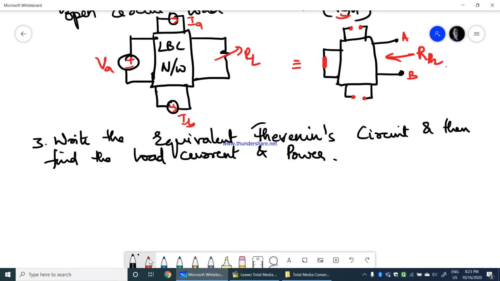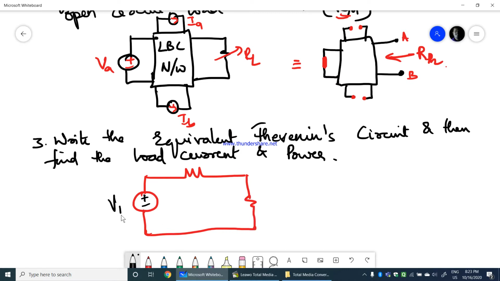So how is that? So we'll write a Thevenin's equivalent circuit like this, which will now be connected to RL in series. So this is Thevenin's equivalent voltage source, this is Thevenin's equivalent resistance, and this is RL.